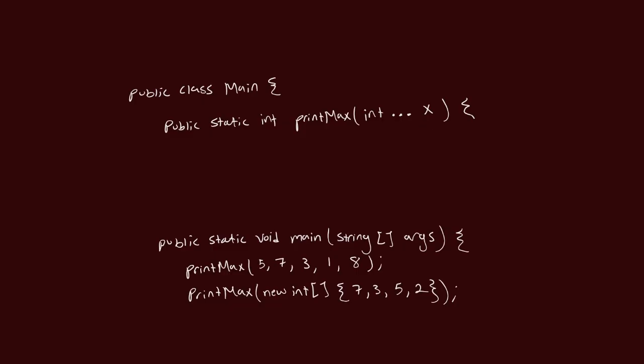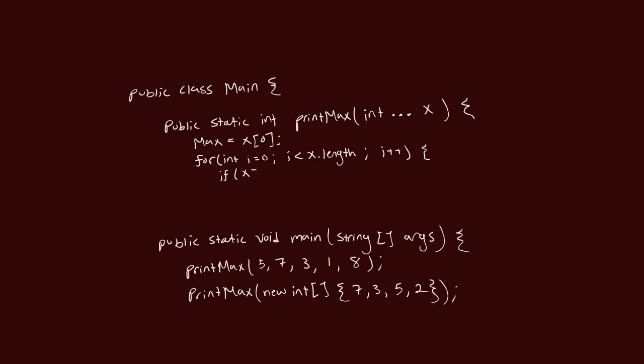So now we can do the following for loop. So let's have max to be equal to x at 0. Okay, this will be our placeholder for now. Then let's do a for loop. For int i equals 0, as long as i is less than x dot length, and i increments by 1 each time, we're going to add an if statement.